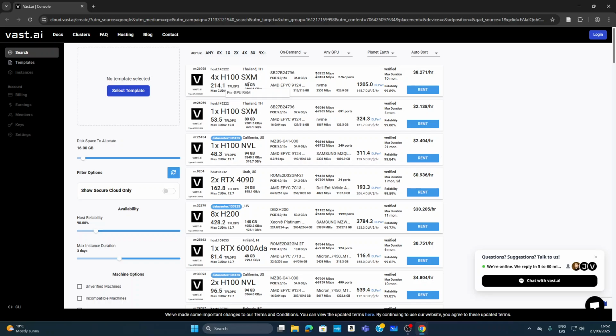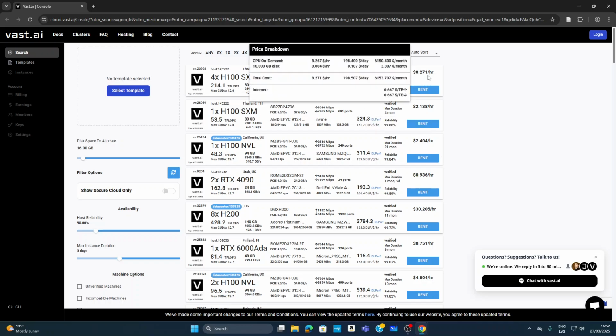One machine is 80 gigabytes, so 4 times 80 is 320 gigabytes of GPU RAM, and there's a way of interconnecting them. So you train a pretty large model for $8 an hour. One day is about $200, so you need to train for maybe a week or 2 weeks. That's what I said, a couple of thousand dollars, and you can get pretty good models, like GPT-3 level, basically, on your own.